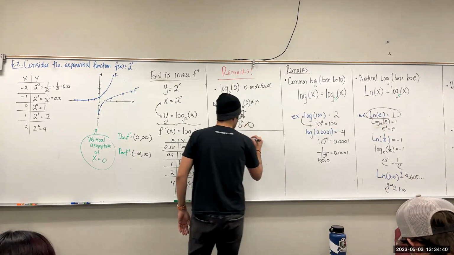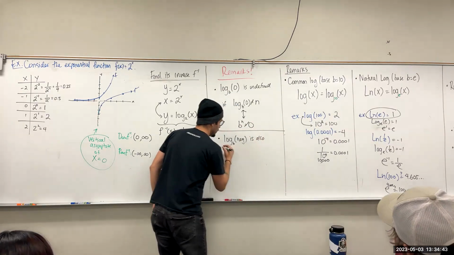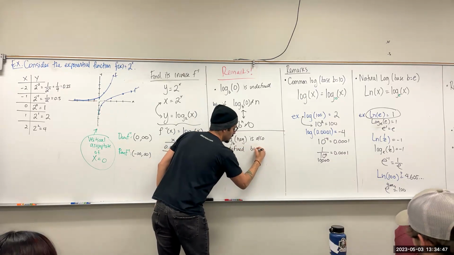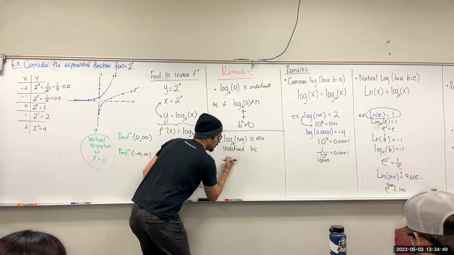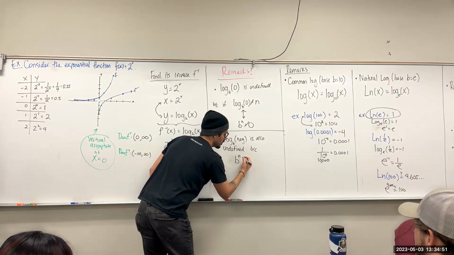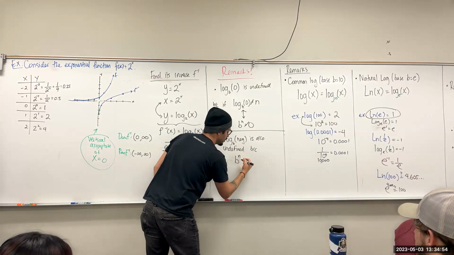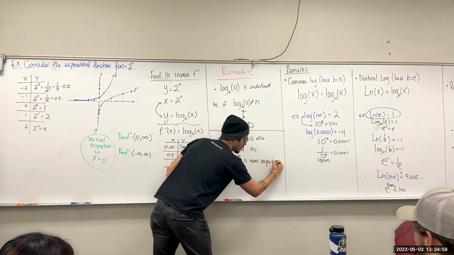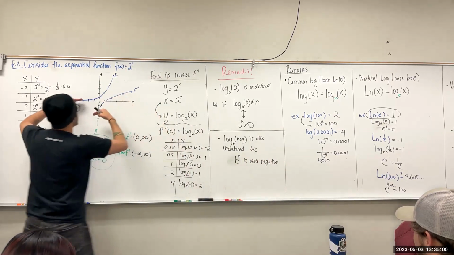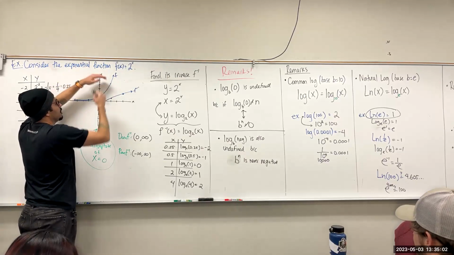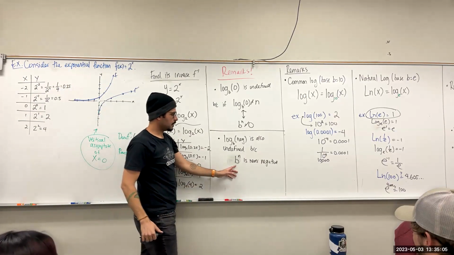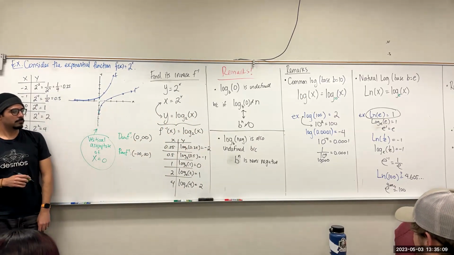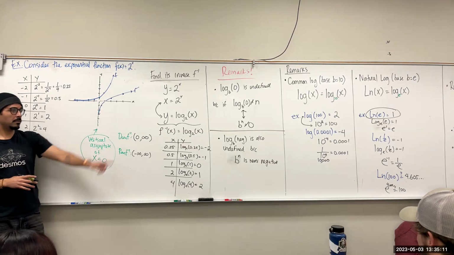It is also undefined because a base to the power of a number is never negative. These exponential function graphs are going to be above the x-axis, so they're never going to be negative. Well, that's going to be important later.